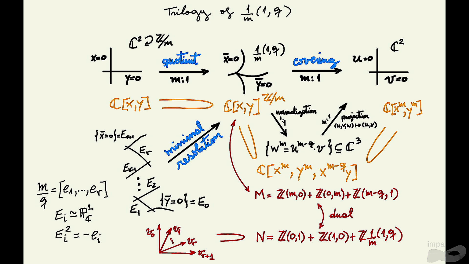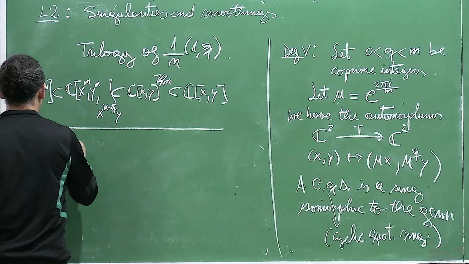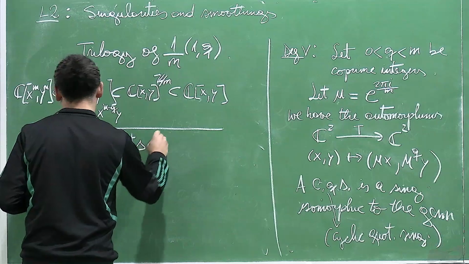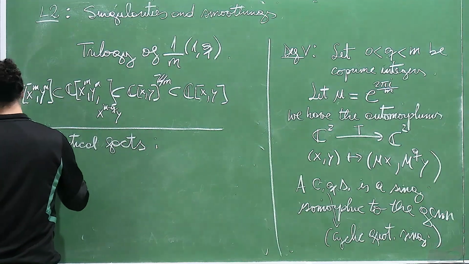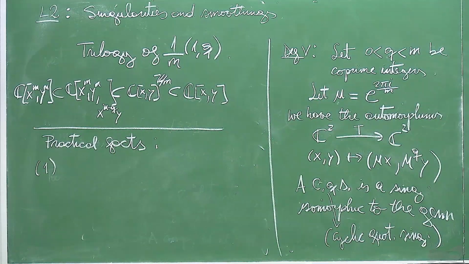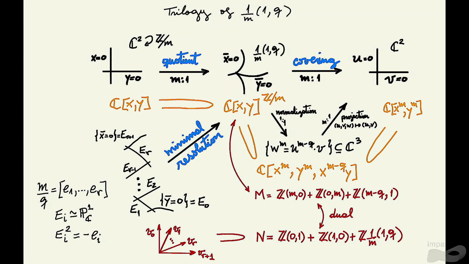Okay, so some practical facts that I will use. One of them is that if we are in the situation of a smooth surface, and inside of that smooth surface I have this chain of rational curves that have these self-intersections given by m over q, then you can contract that chain, and that is the Artin contraction criterion.